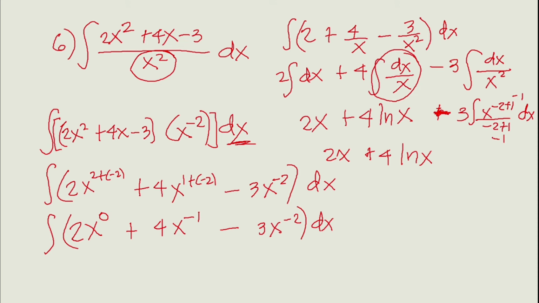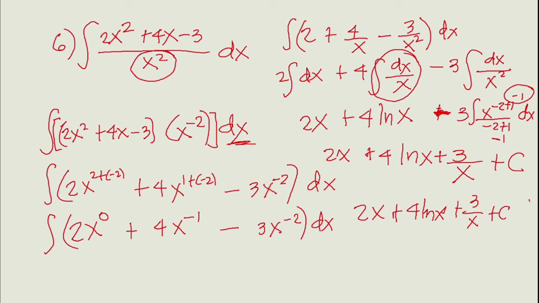So negative, negative, they become plus 3 over x plus c. Why did it become over x? Because negative 2 plus 1 is equal to negative 1. So simplify, we have over x. So the final answer is 2x plus 4 ln x plus 3 over x plus c. Alright, so that's the final answer for number 6. So let's proceed with number 7.